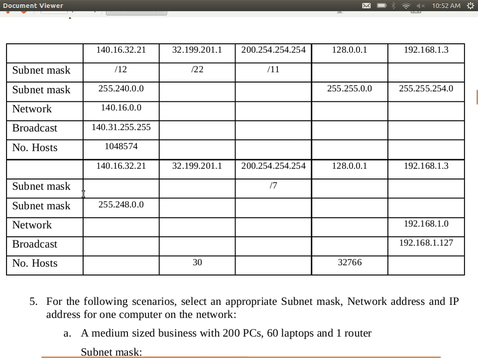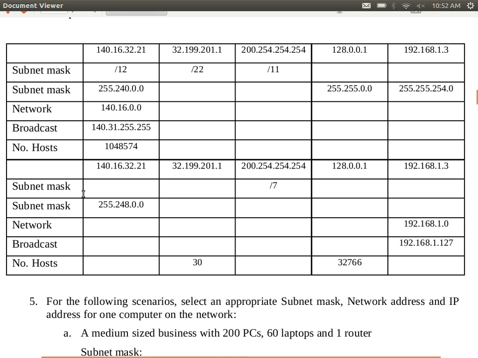My laptop also has a subnet mask, 255.248.0.0.